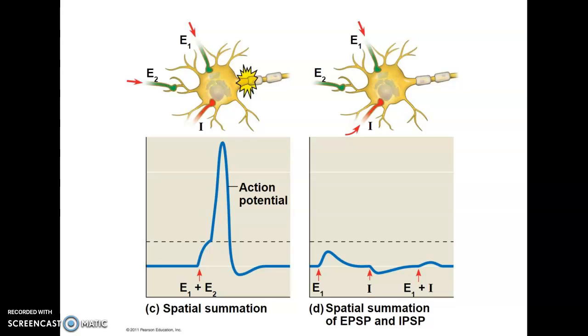So we really got to get to that potential at the axon hillock, and the closer the EPSPs are to the axon hillock, the more likely you are to have an action potential. And don't forget that the IPSPs have to be added in too, both by spatial and temporal summation.